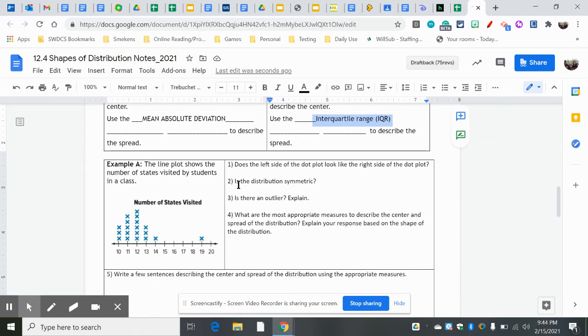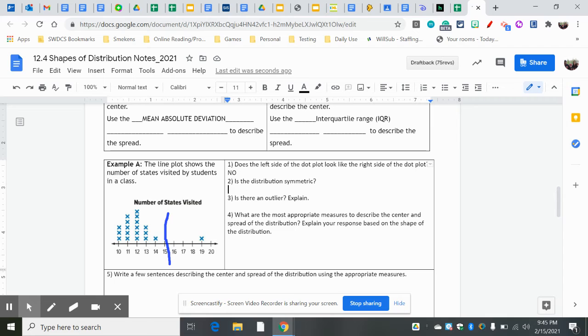On this graph, let me draw my line kind of down the middle here, 15-ish. Does my data on the left side look like the same on the right side of my dot plot? Okay, you should have said no, because I have a whole bunch of data points here and none over here. Is my distribution symmetric?